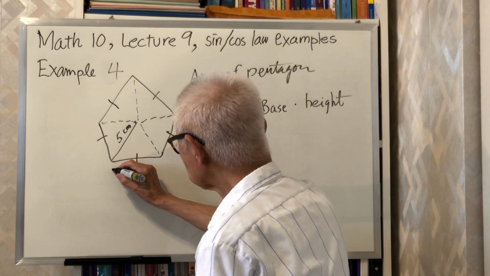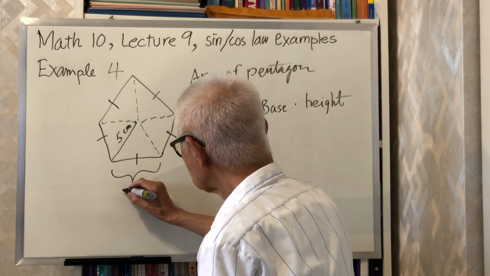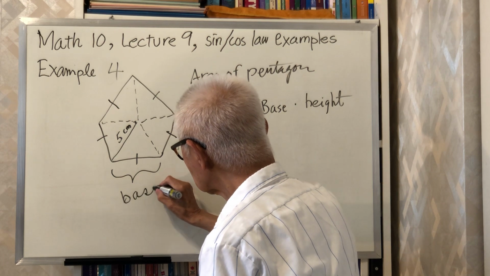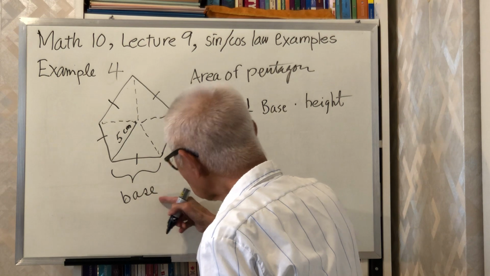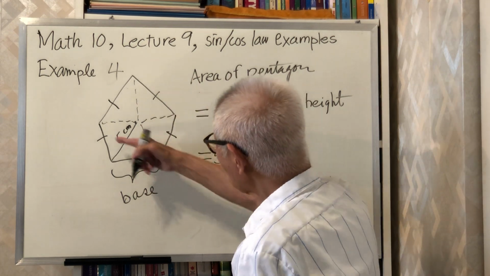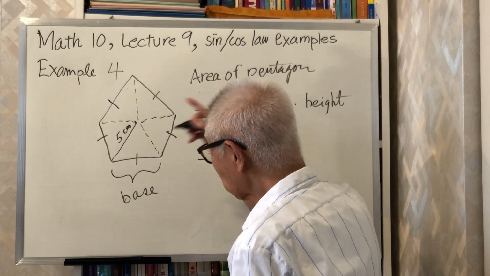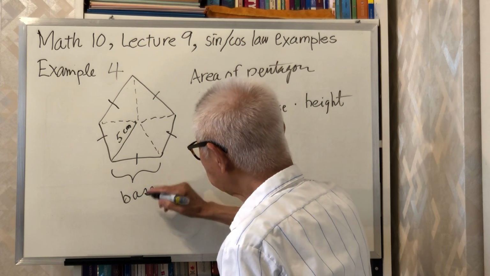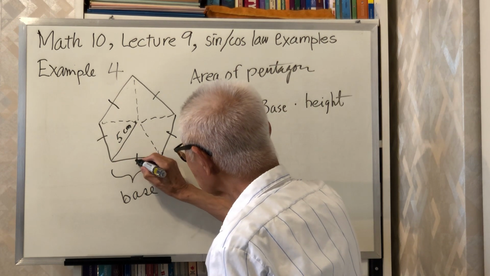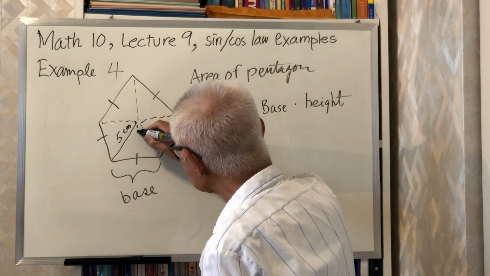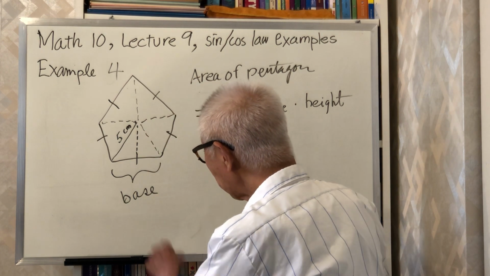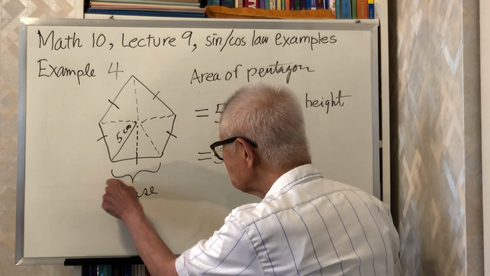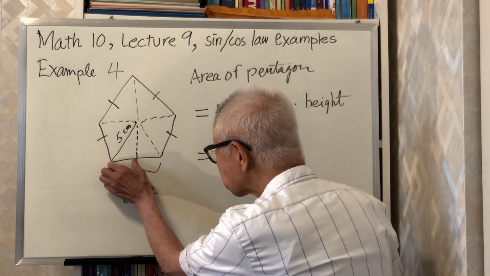This is my base. Because of the regular pentagon, because of the geometry, the base is 2 times this part. Let me divide this triangle into 2 halves. The base is 2 times this part.